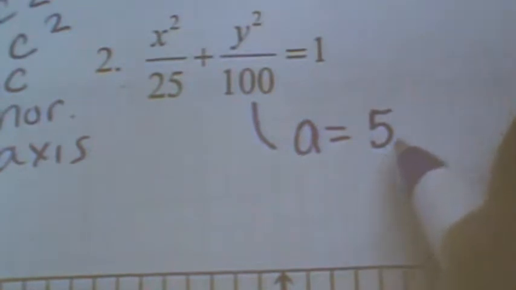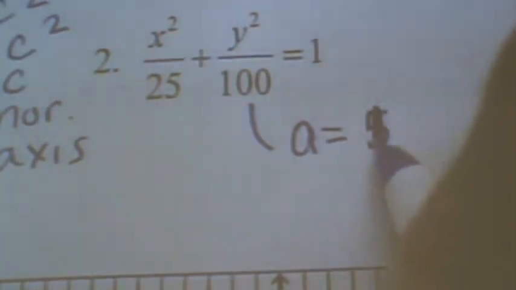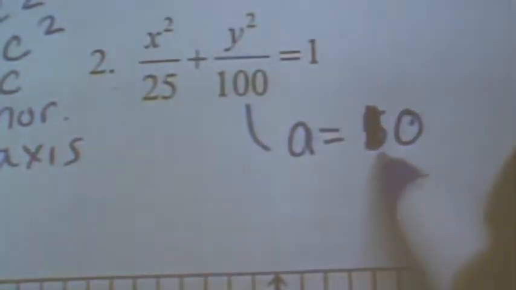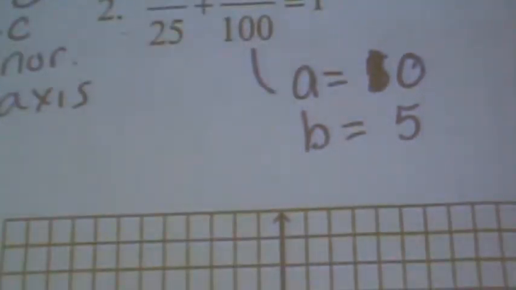Okay, let's try number 2. Make sure you can do this one. What's your a value? 5. No, I'm sorry, I lied, it's 10. It's the square root of 100, that's a. b is 5. The bigger number is the a value, so the square root of 100 is 10.